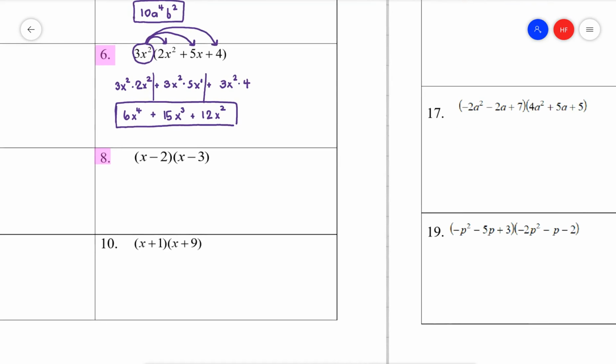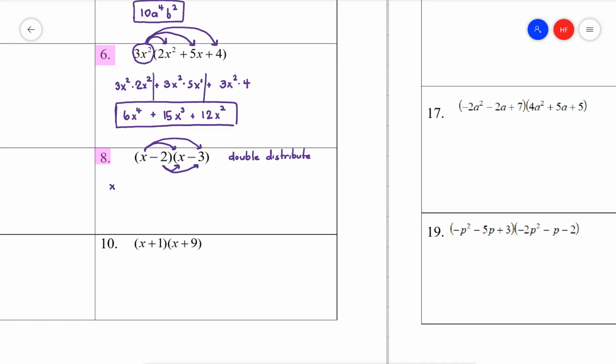Now, number 8, we've solved these problems before, and some of us know it as foiling the problem out. We can also call it double distribute. So you're going to distribute once with the x, and then you're going to distribute again, but with the 2.